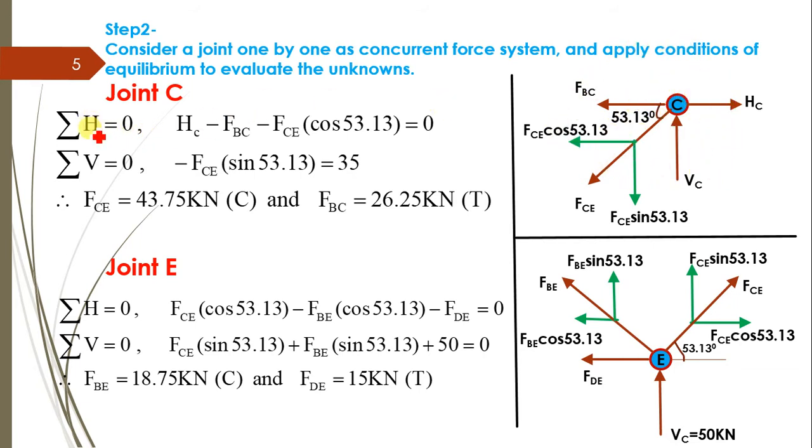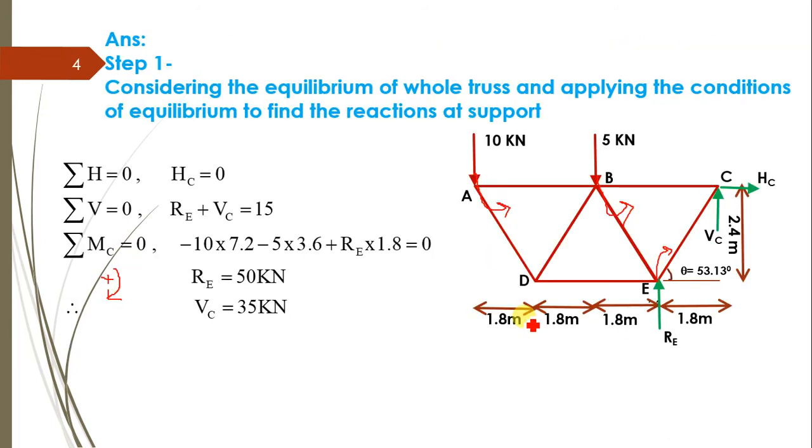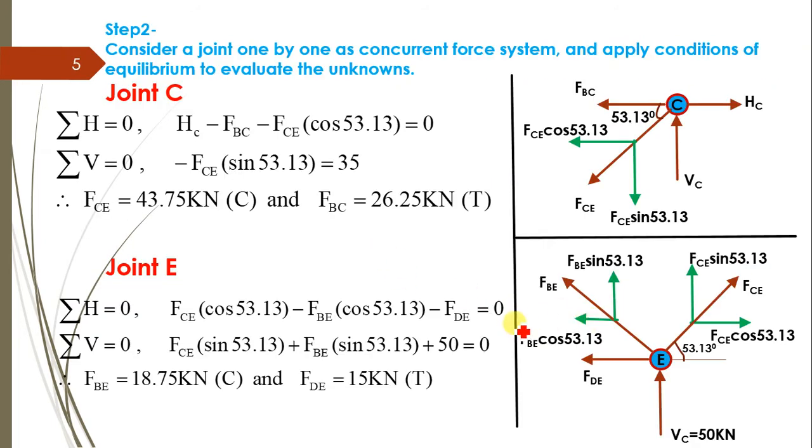Now this will be a concurrent force system. Applying the conditions of equilibrium, summation of H as 0: taking HC positive, then minus FBC, then minus FCE cos 53.13. Then taking summation of vertical as 0: VC is the upward force, which we already determined as 35, then minus FCE sin 53.13, as sin 53.13 acts downward, so negative.